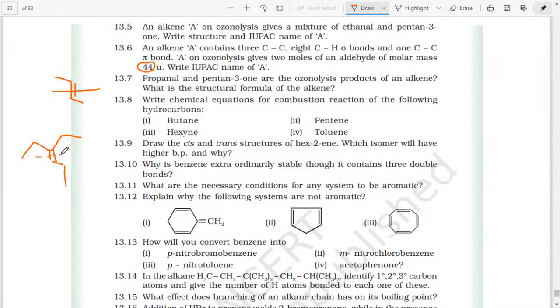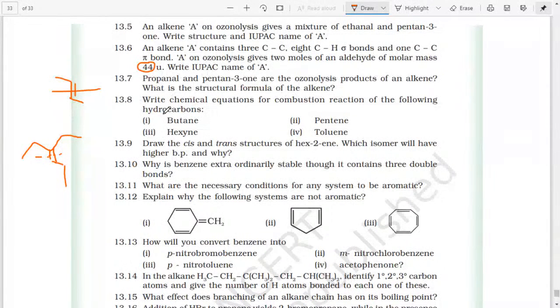So before ozonolysis, this is the compound. What is the IUPAC name of this? It is 4-ethyl hex-3-ene, 1, 2, 3, 4, 5, 6, hexane chain. So 4-ethyl hex-3-ene is the IUPAC name.